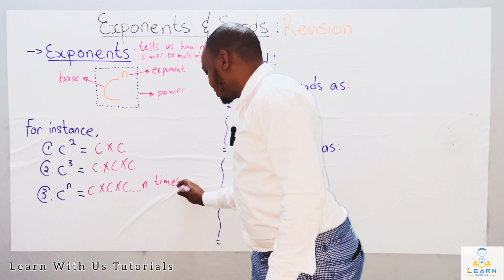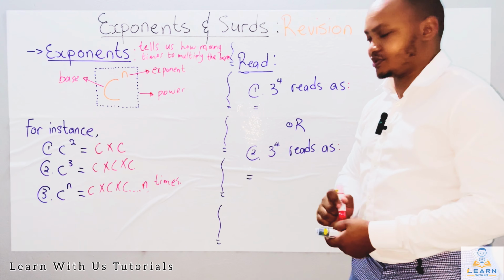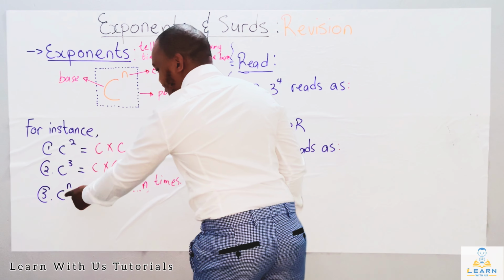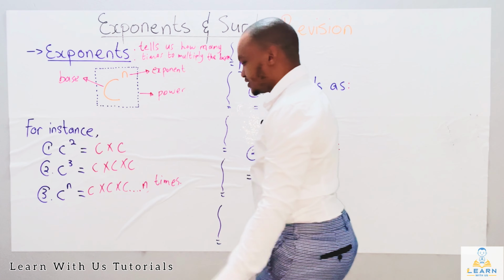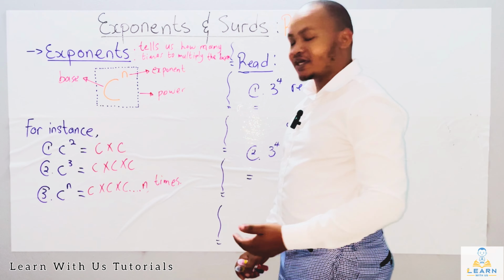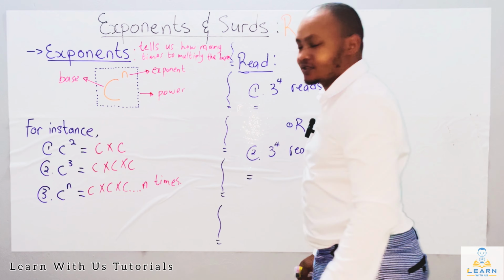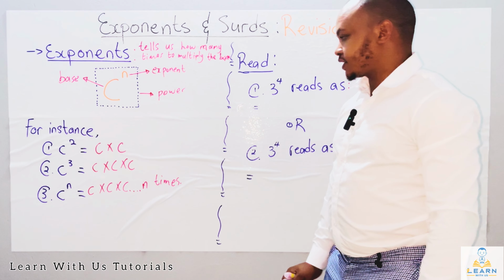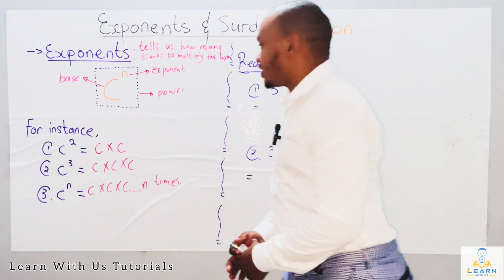N tells us how many times you're going to multiply c. So c multiplied by c multiplied by c, and so on until n times. Hence we say this is c to the power n.